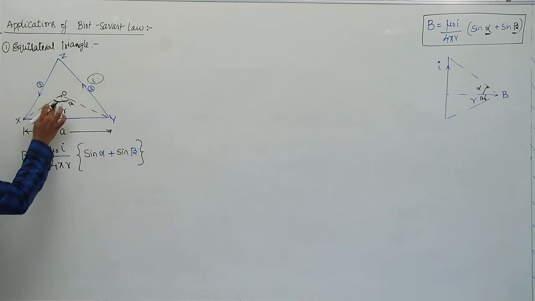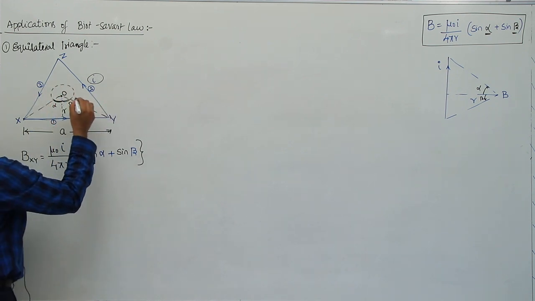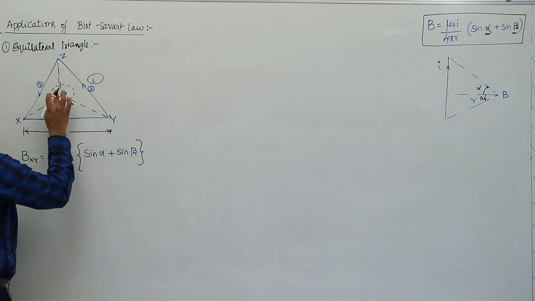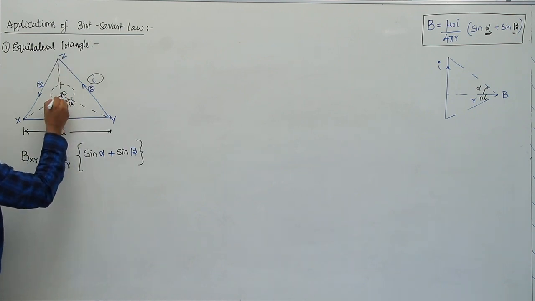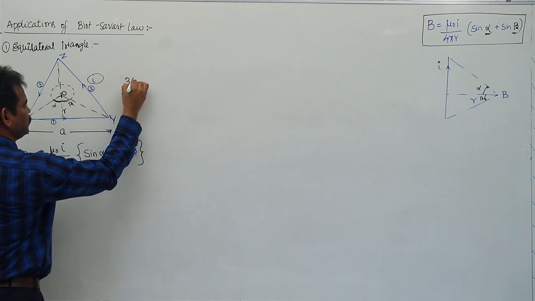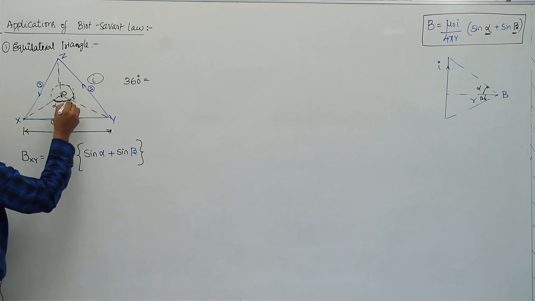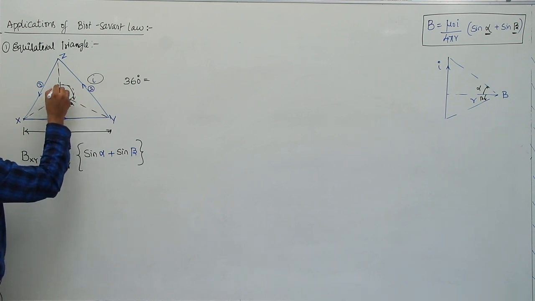Now what are the alpha and beta values? You can see this is a complete circle and you can divide this complete circle into 3 equal parts. The total angle subtended at the center is 360 degrees, which is divided into the first part, second part, third part.